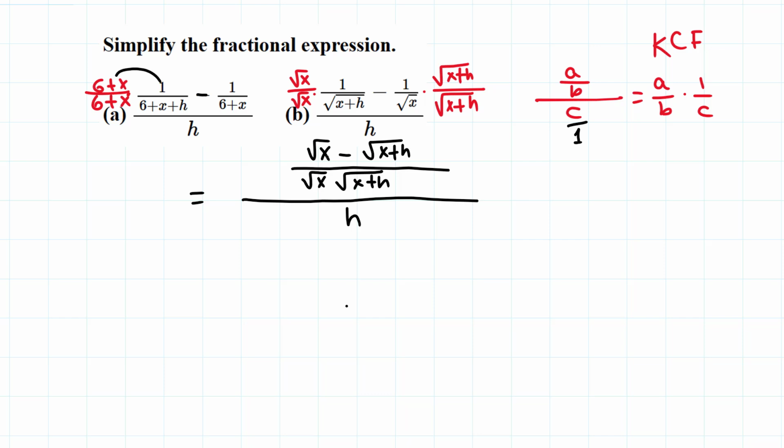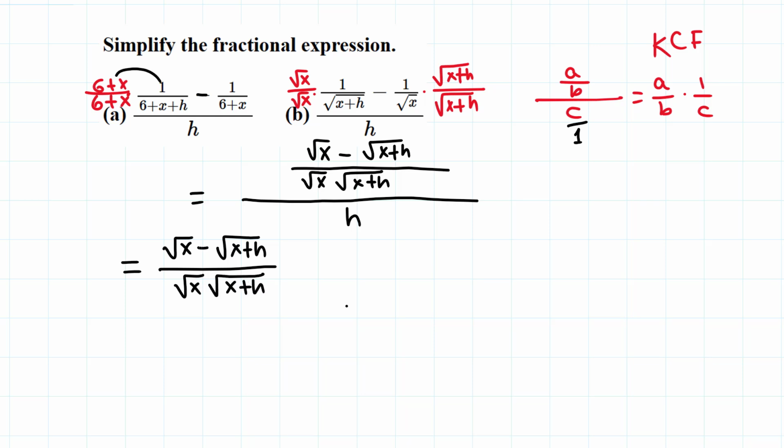Now we cannot subtract here, these are unlike terms, and we can do keep, change, flip. Then due to the radical sign we need to rationalize. Let me write it this way: the top, keep, root x minus root x plus h, over root x times root x plus h.